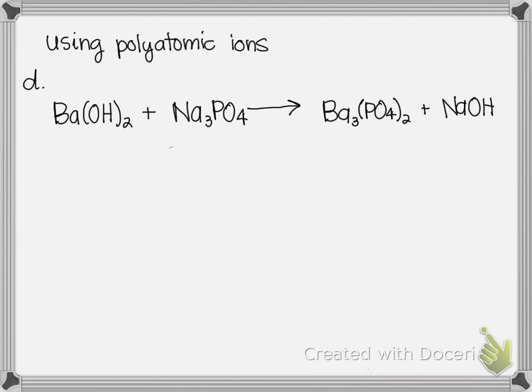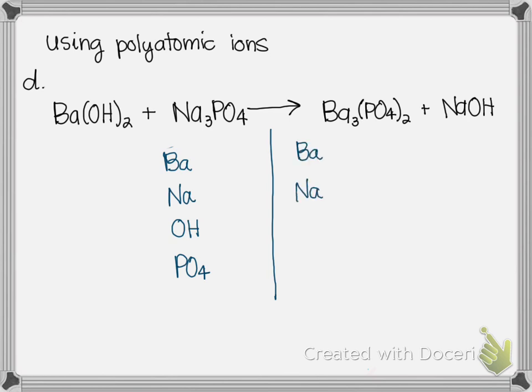So here I rewrote it, and I'm going to start out the same way. But now, instead of balancing everything separately, I'm going to balance the hydroxide as a group and the phosphate as a group. This saves a step, and sometimes it makes it seem easier, especially if you've been practicing the polyatomic ions. So let's practice. Here there's 1 barium.